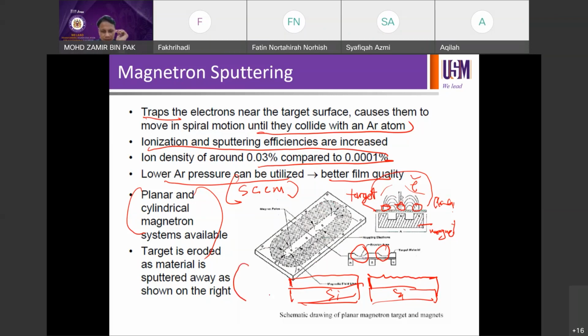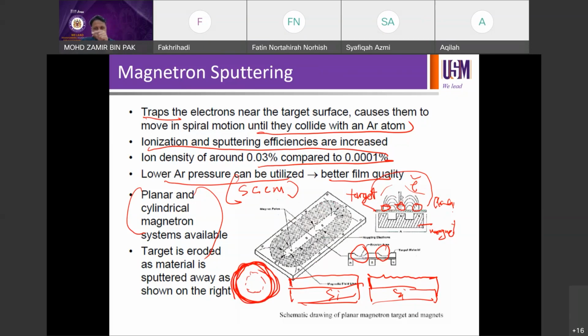Kalau tengok di depan, let me see, di target material. If you ever see target material, then you akan nampak dia ada macam longkang sikit lah. Dia ada macam lubang sikit dekat certain radius, circumference dalam bentuk bulat.